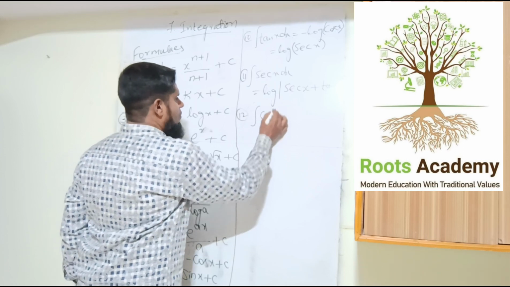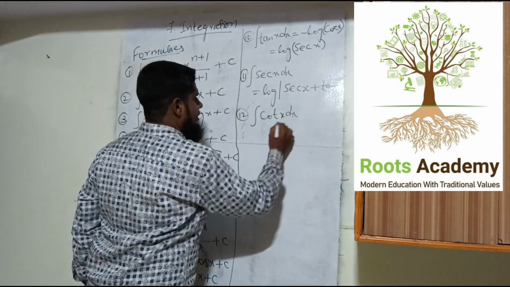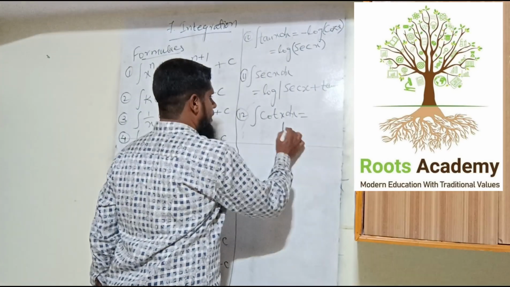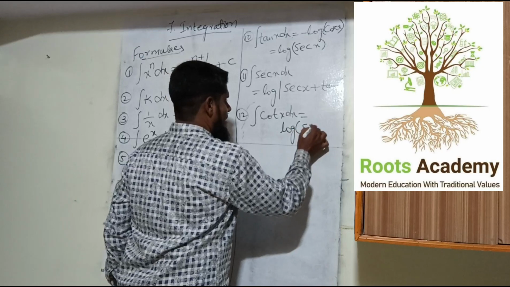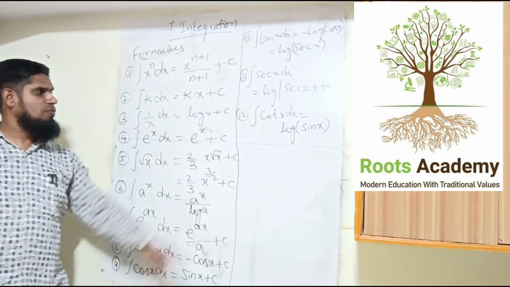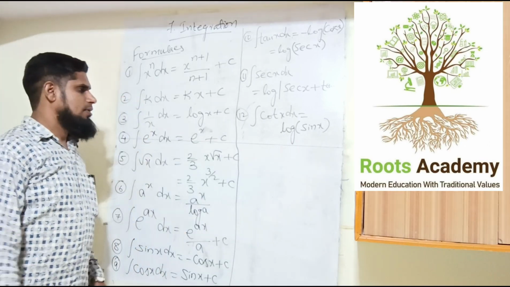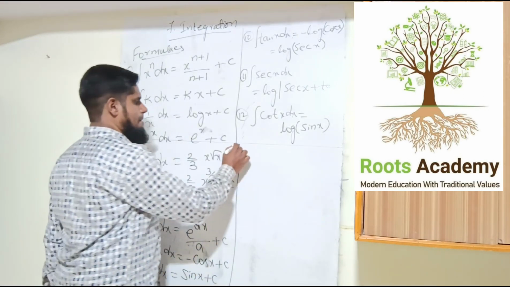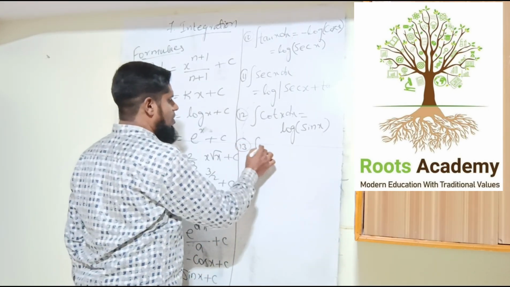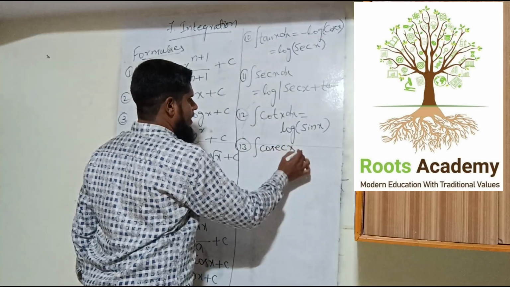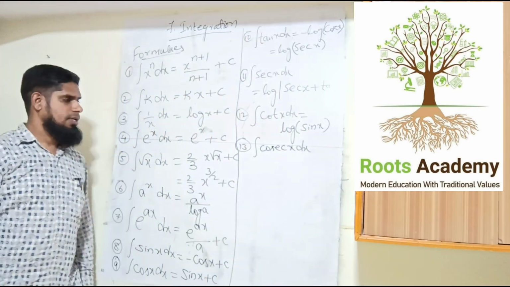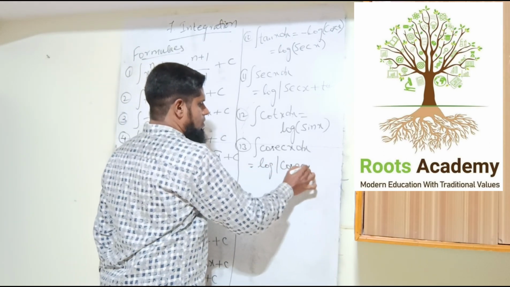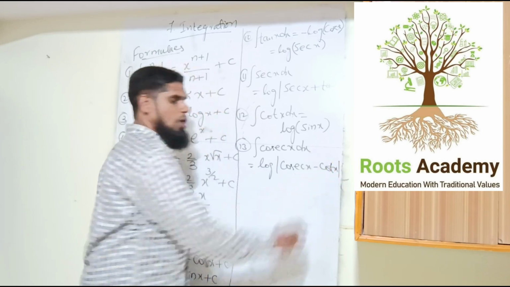Next is integration of cot x dx, which equals log of sin x, because if we differentiate this we will get cot x. Next, integration of cosecant x dx equals log of mod cosecant x minus cot x.